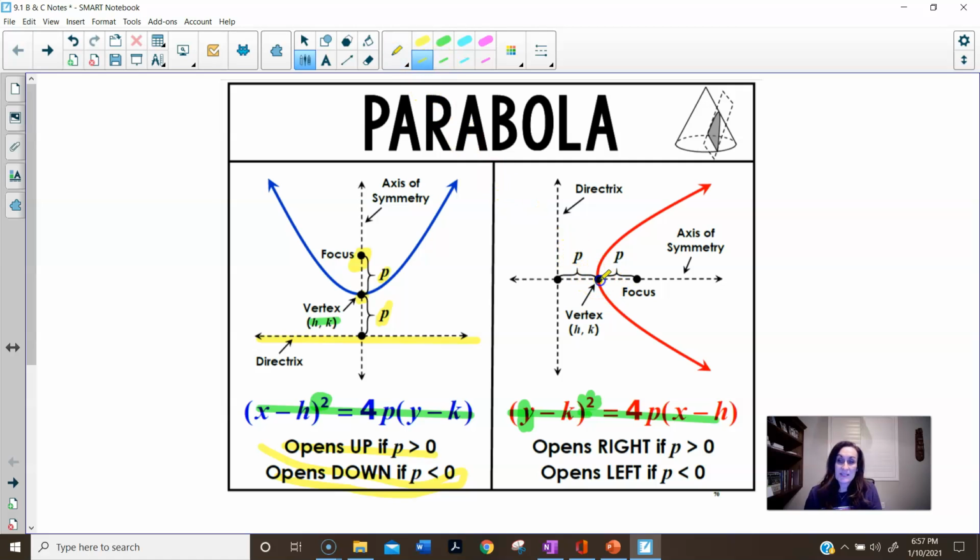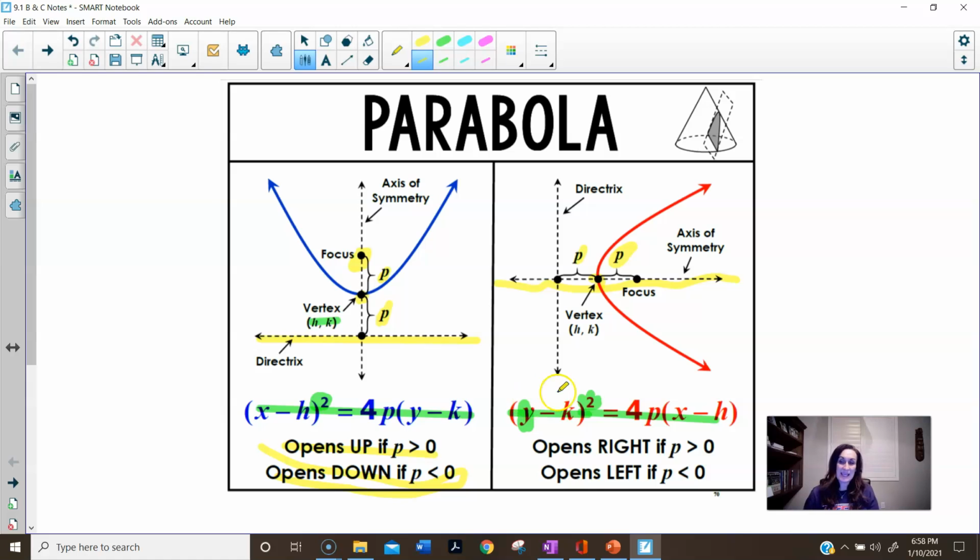And the vertex is going to be on the axis of symmetry. That's the imaginary line that cuts that parabola exactly in half. The distance from the vertex to the focus is P, and the distance from the vertex to the directrix is also going to be P. The directrix is always going to be perpendicular to the axis of symmetry.